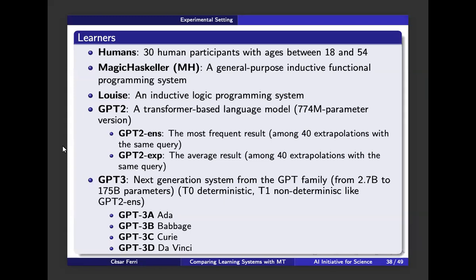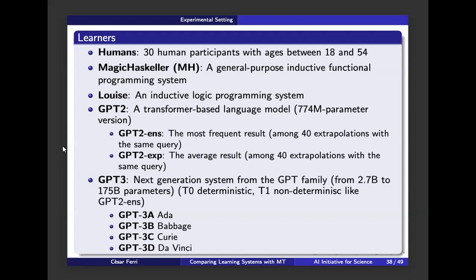We have these 30 human participants between 18 and 24. Then we have Magic Haskell, an IT system based on functional programming. It's really powerful, a very nice system. We have Rez, a last generation system on inductive programming.